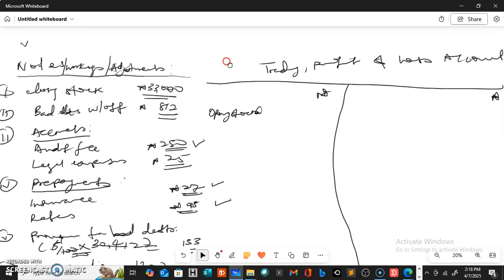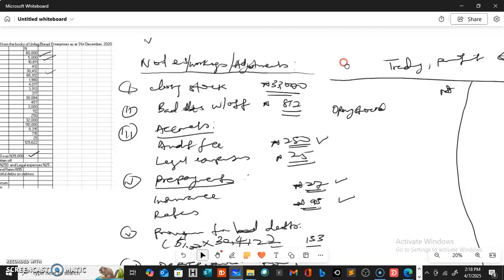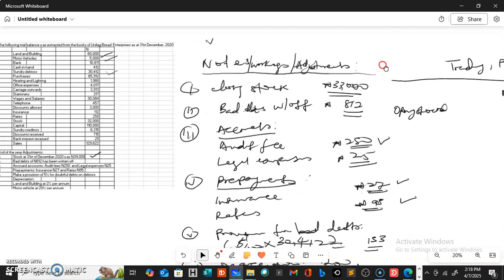The stock is 32,000 as seen here. So opening stock is 32,000. Okay, so let's move on.